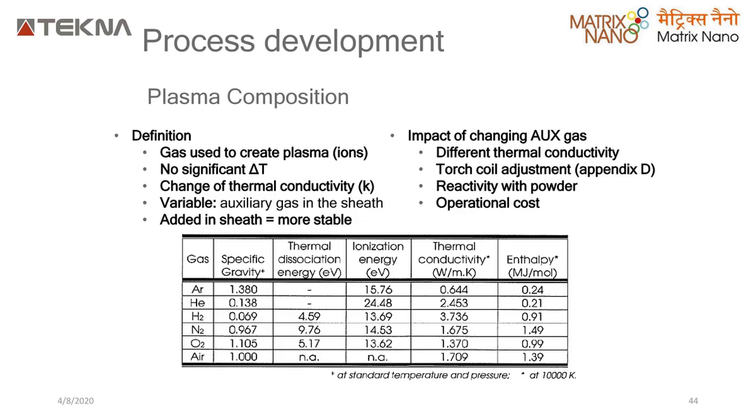Preferably a combination of hydrogen and argon gives good results, or only hydrogen also gives good results, because hydrogen has the highest thermal conductivity. Next is helium, which has good thermal conductivity, and the other one is argon. Argon is industrially used in combination with either hydrogen or helium to get the desired result.